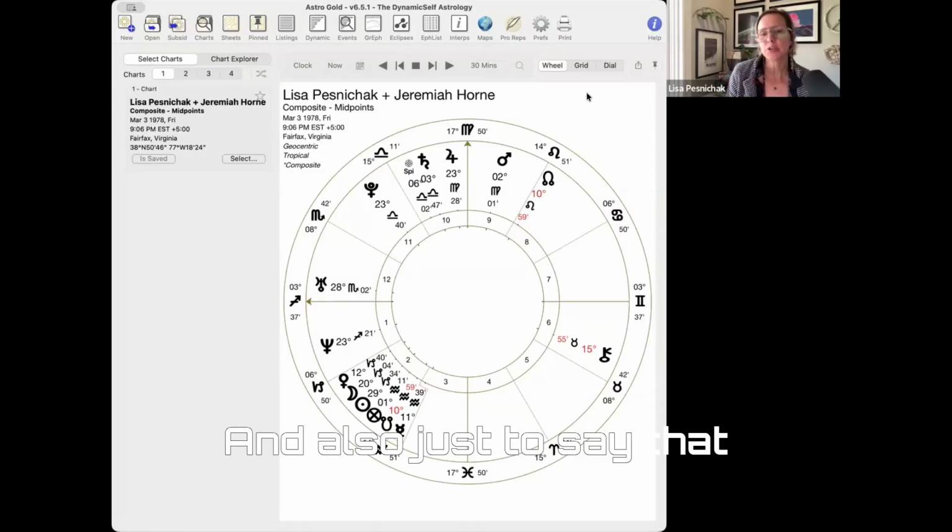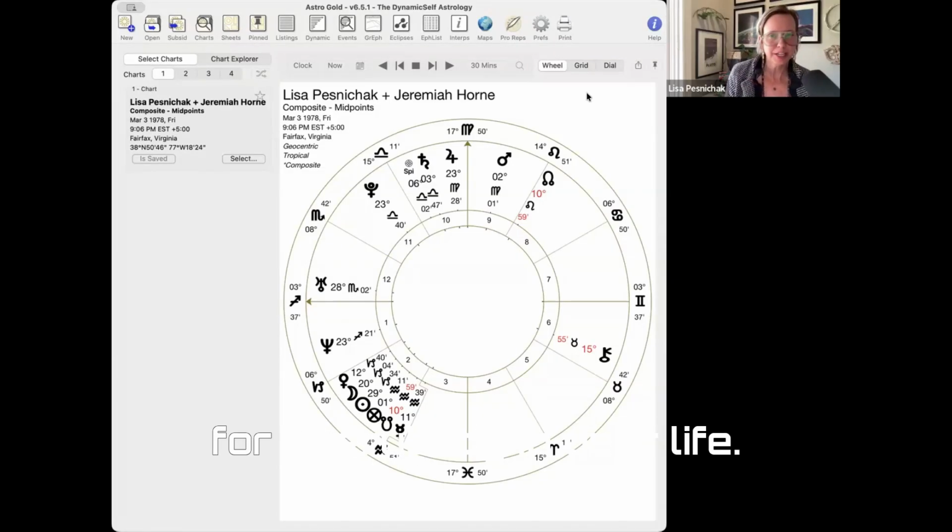And there are composite charts for everybody in your life. This doesn't just have to be love relationships, it can also be your children, your friends, your business partners. It isn't only romance centered, it's based on any relationship that you have.